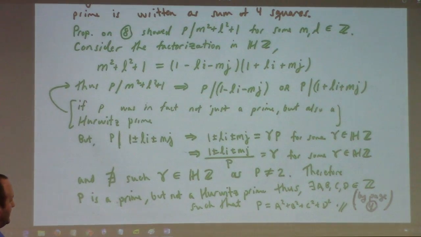That P is not a Hurwitz prime. So P is a prime, but not a Hurwitz prime. In other words, it can be written as a sum of 4 squares, as I was showing you on the other page. But there you go. That proves that any integer, because of the 4 square identity, can be written as a sum of 4 squares.